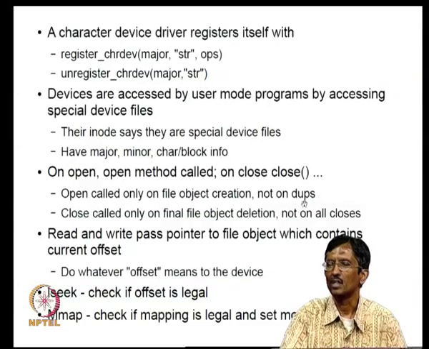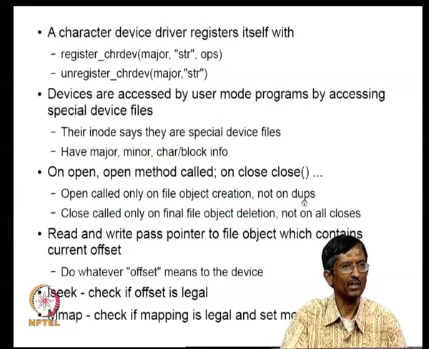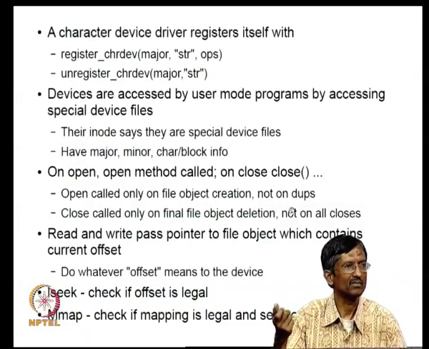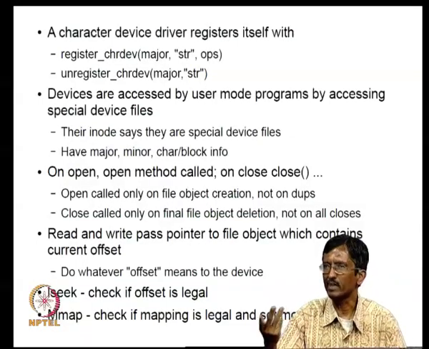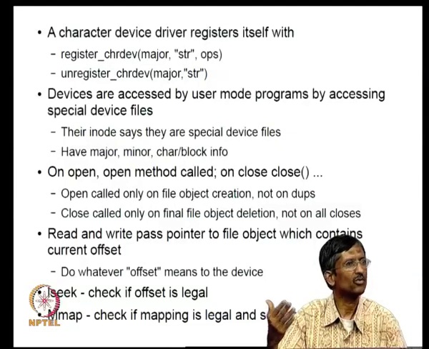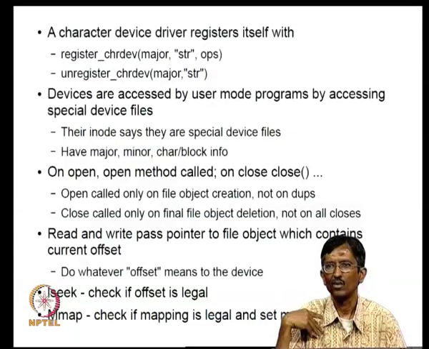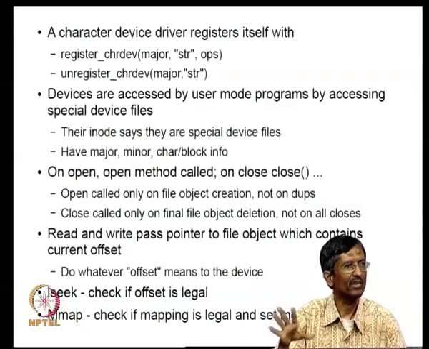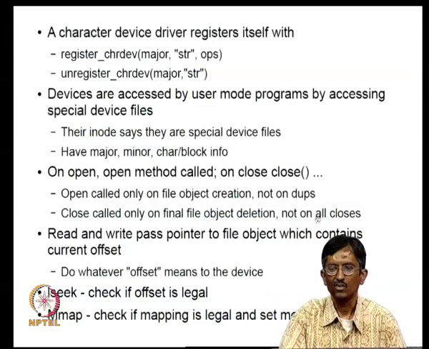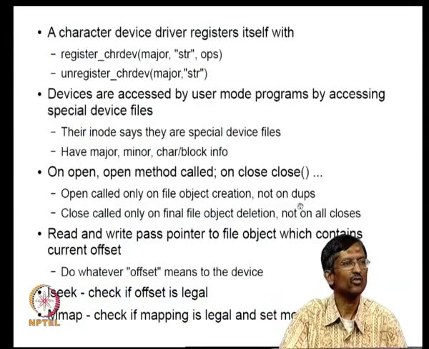For example, you know that there is something called a dupe operation on a file, right? So you can duplicate the file descriptor. Now you're not really creating an object afresh, so you don't have to do any specific operation for setting the device up or the file up. So on duplicating FDs, you don't need to do anything special.